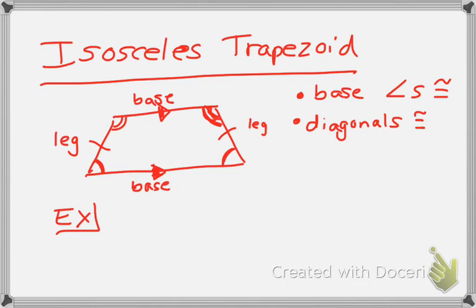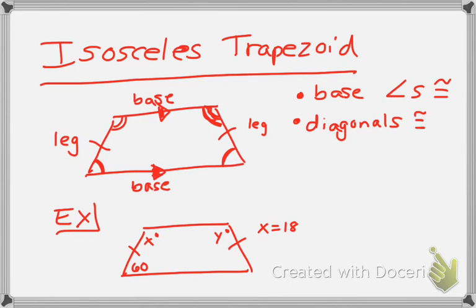For an example, isosceles trapezoid. This is 60 degrees. Find x, find y. So if we wanted to find x, well, x would be equal to just 180 minus 60.